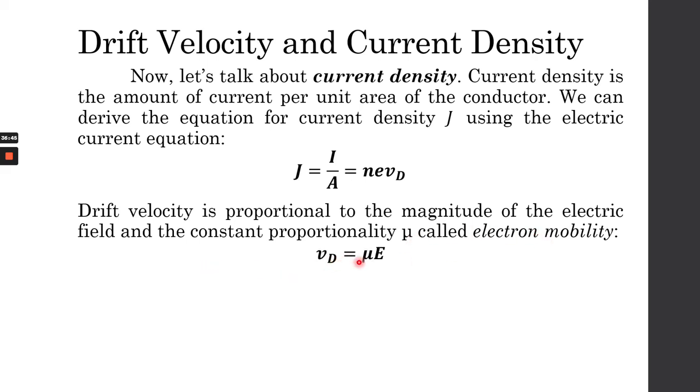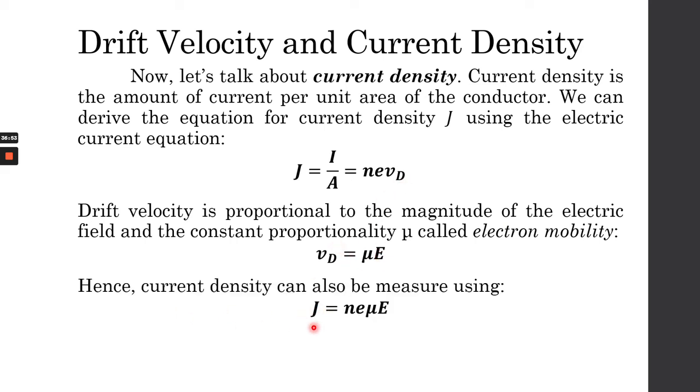So drift velocity is equal to mu, the electron mobility, multiplied by the magnitude of the electric field. We can substitute that and get J is equal to number density multiplied by the charge of the electron, multiplied by electron mobility, multiplied by the magnitude of the electric field. We rarely use this. We use the previous one most of the time, but this is just something that I want you guys to know as well.